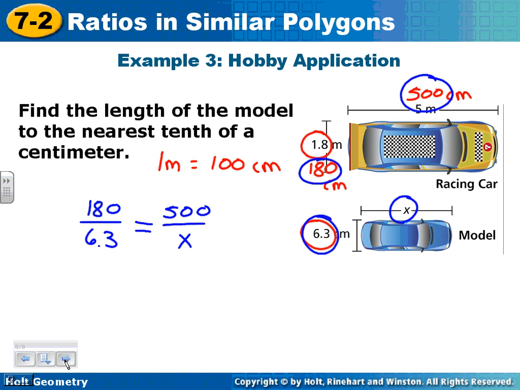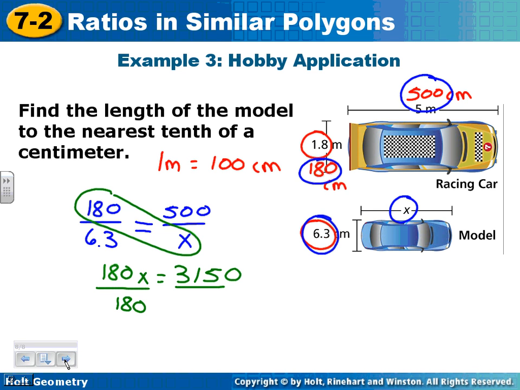Now I cross multiply and solve this. 180 times x, I'm going to write 180x equals, I'm going to pick up my calculator, and I'm going to multiply 6.3 times 500. That's 3,150. And then I would divide that to solve it by 180, which would give me x. So divide by 180 on my calculator. 17.5, and that's perfect because it does say nearest tenth.